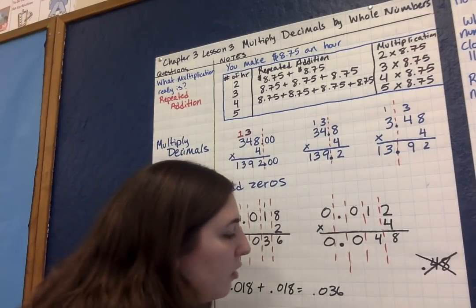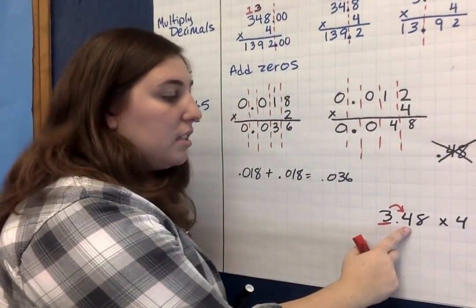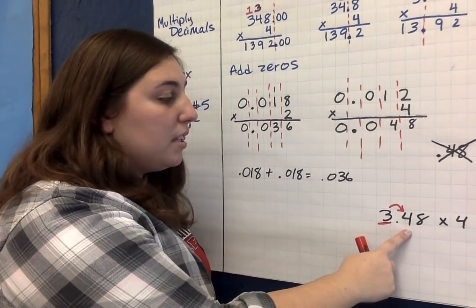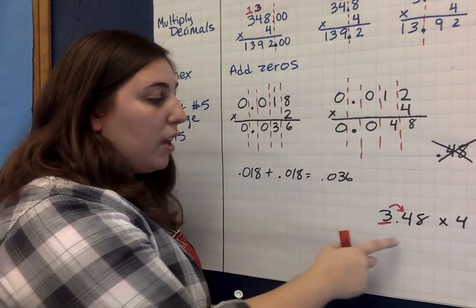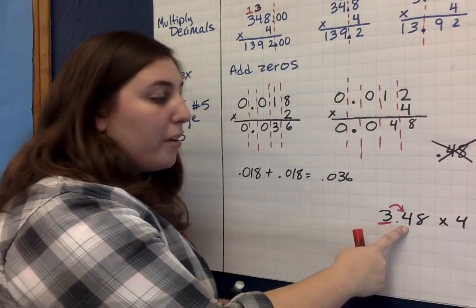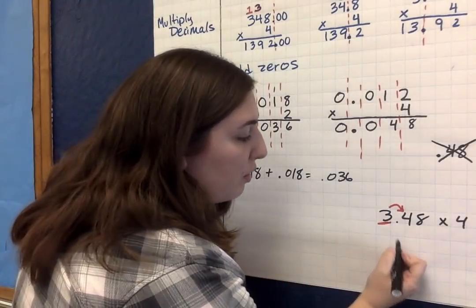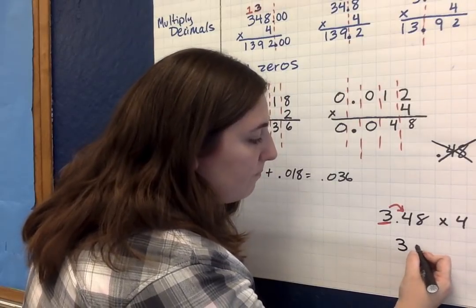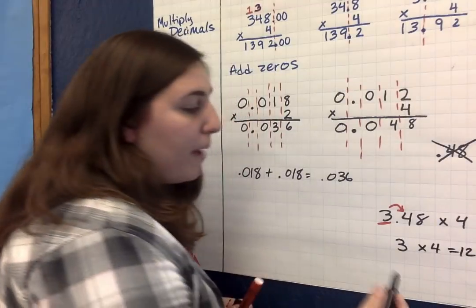So I'm looking to the right of the 3 at this number. This number right here determines if I should round it up or down, okay? So since this is 4 or less, I'm going to round it down. So 3.48 is rounded to 3 times 4. My answer would be about 12.